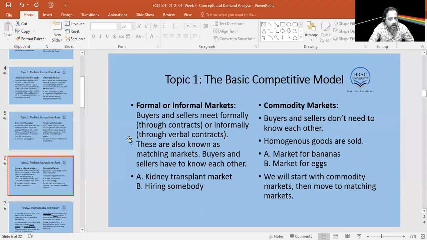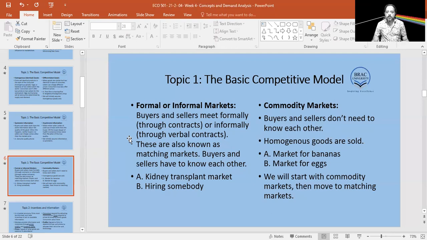In the context of hiring also, two different people are not homogeneous in the eyes of the employer. One person will definitely be a little bit better than the other. That's why those markets are known as matching markets. We are not interested in that initially. We will initially be looking at markets that are known as commodity markets.